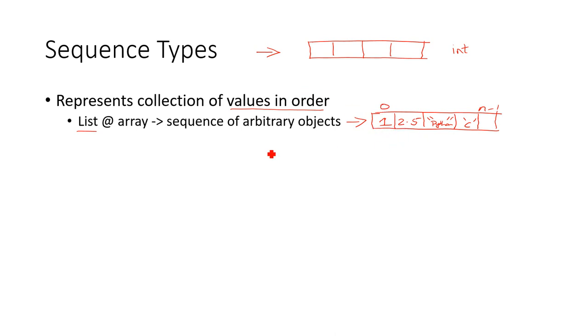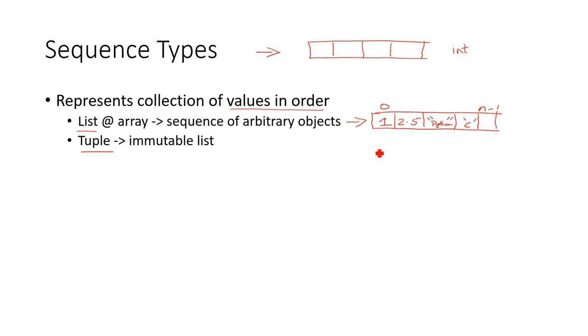Okay. The next collection of values in order can be made using another sequence type, called a tuple. A tuple is basically an immutable version of a list. The list is almost similar to an array, right?